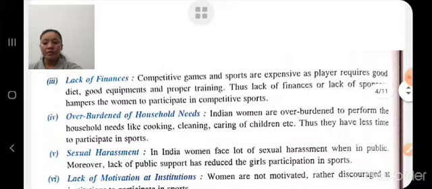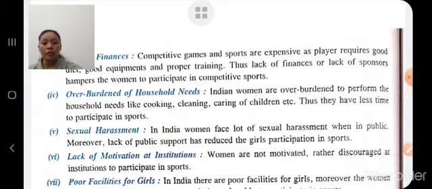Lack of finance is also a cause. Competitive games and sports are expensive. For sports participation, good diet, good equipment and proper training are required, but due to lack of finance or lack of sponsors for women, participation in sports is also reduced.